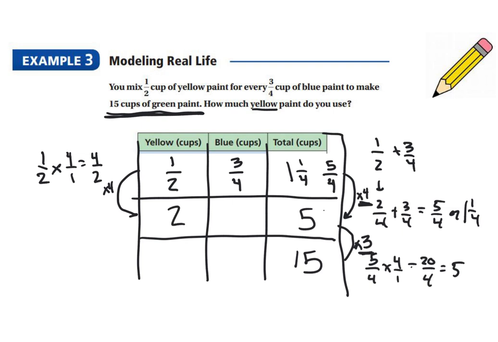And then we multiplied by 3. 2 times 3 is 6. So when we have 15 total cups of green paint, that means we had 6 cups of yellow paint, means we must have had 9 cups of blue paint for our total of 15 cups of green.